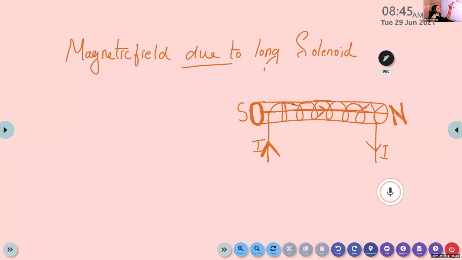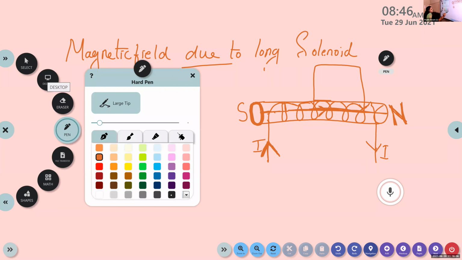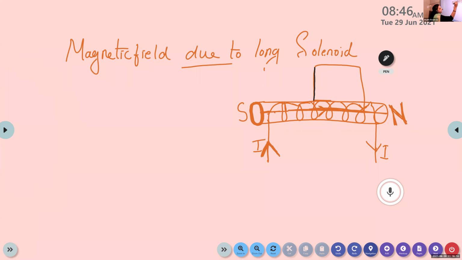in the form of a square with the sides A, B, C, D. So here we are going to calculate the magnetic field produced by this long solenoid by applying the Ampere circuital law.